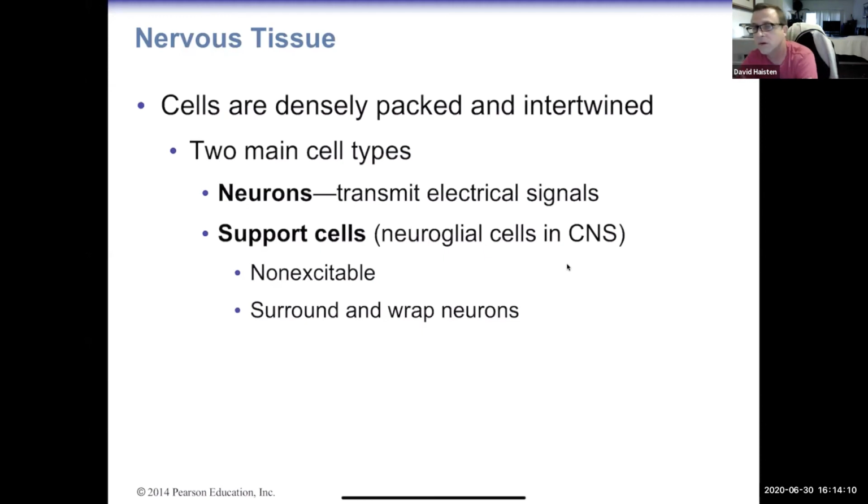Where we're going to go here is talking about nervous tissue. So what's it made up of and all that. And then we'll look at some differences between nervous tissue and the central nervous system and peripheral nervous system. And then we'll move on to defining nerves, which are organs. And then we'll talk about some more just how things are working overall.